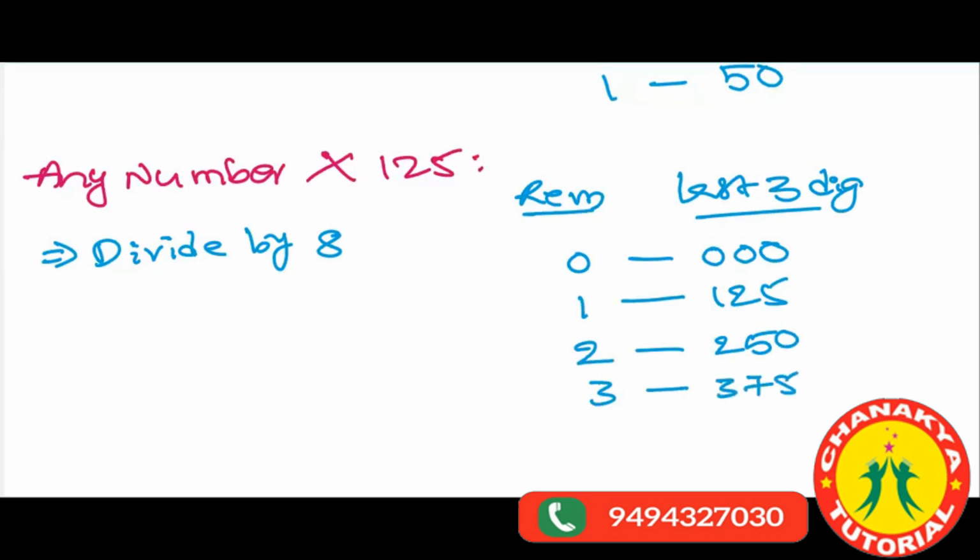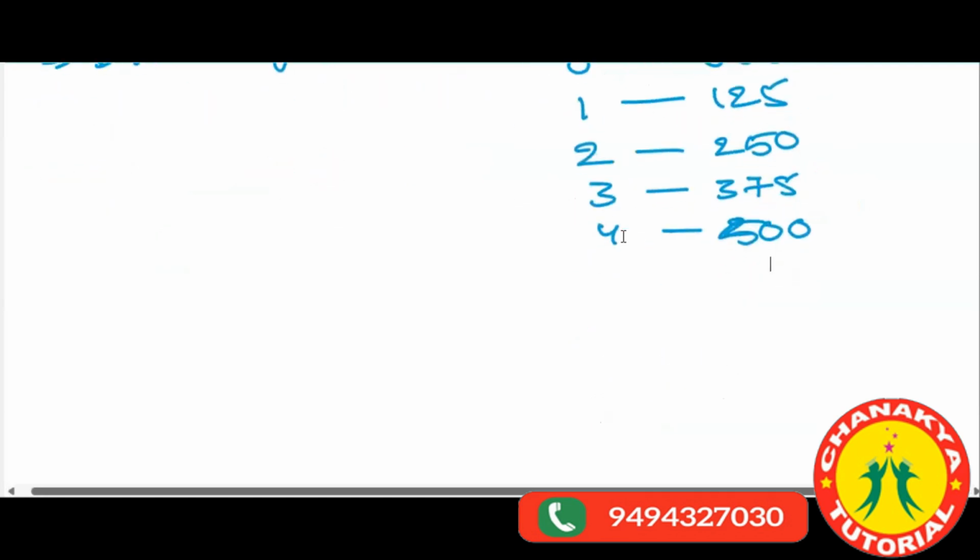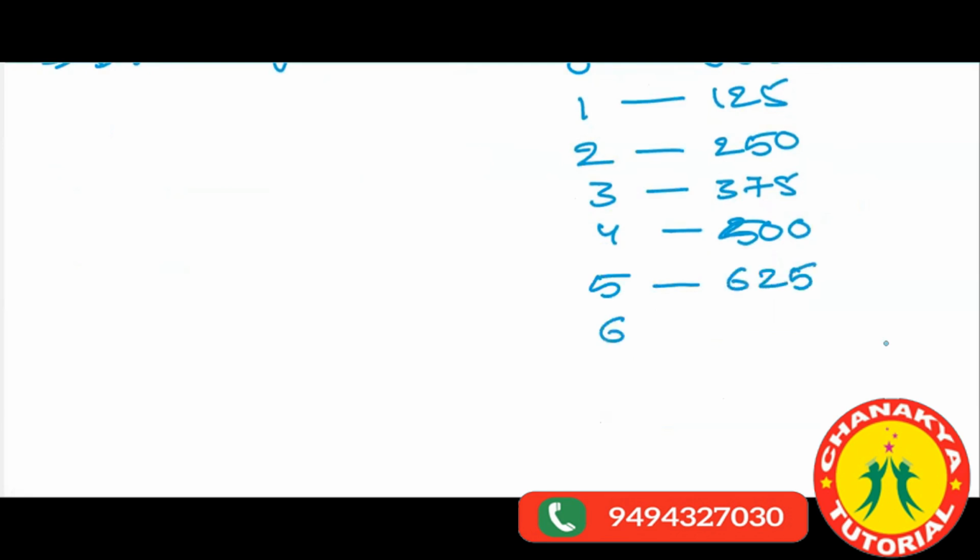3 is the remainder, 375. Simply add 125. 4 is the remainder, 500. 5 is the remainder, 625. 6 is the remainder, 750. 7 is the remainder, 875. 8 will not be the remainder, sir.